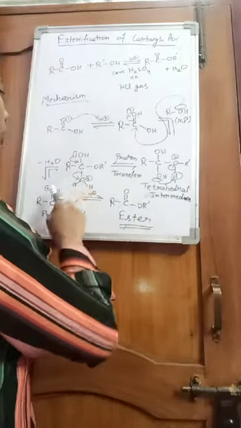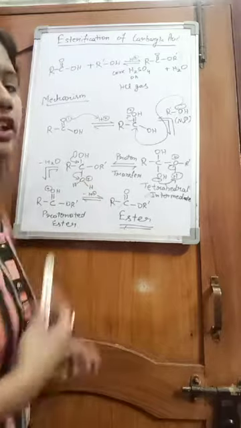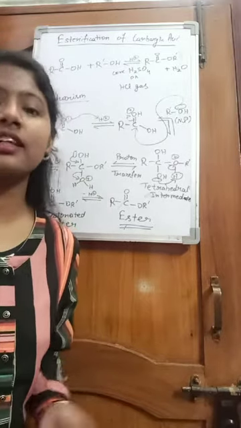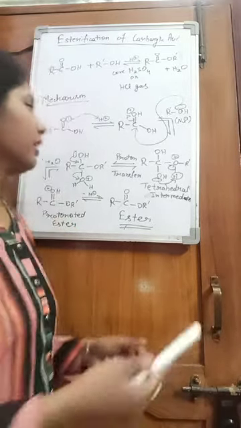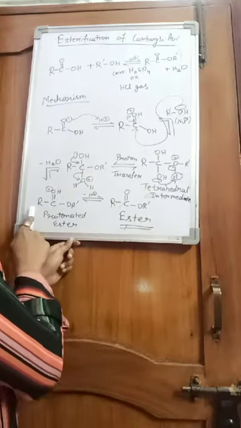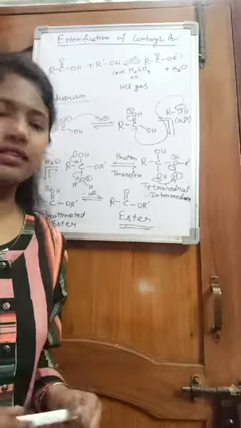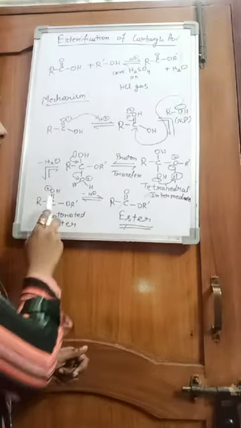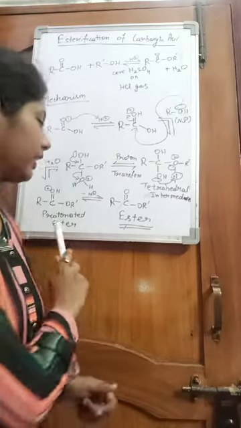When it leaves, a plus charge is going to be generated on the carbon. This oxygen is going to transfer the lone pair and form a protonated ester, RC double bond OH with the positive charge and OR dash. A protonated ester is going to form.